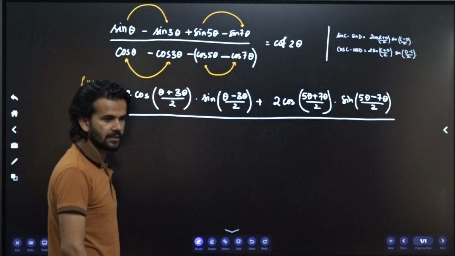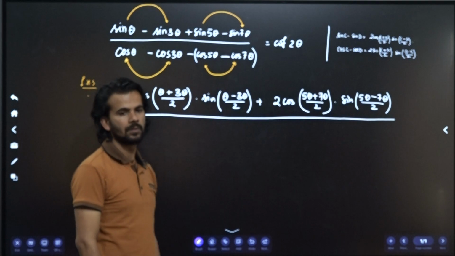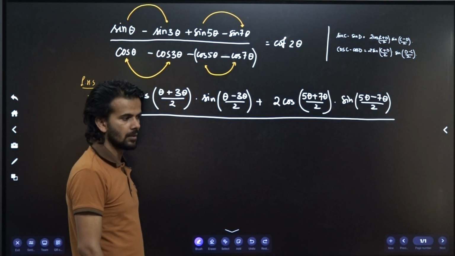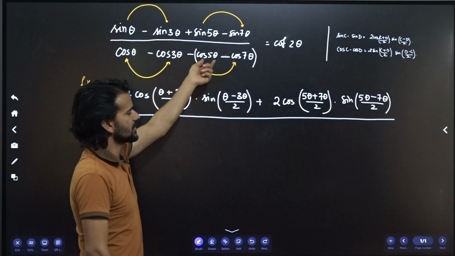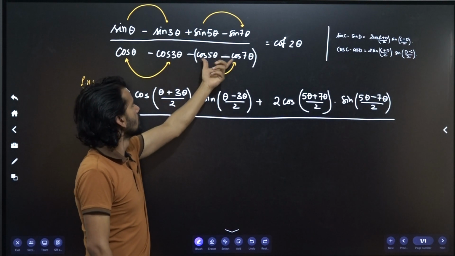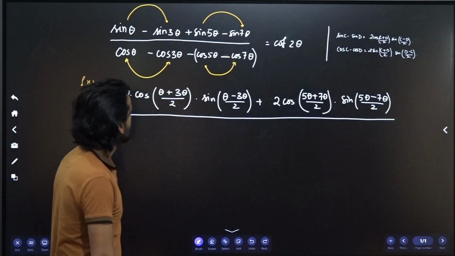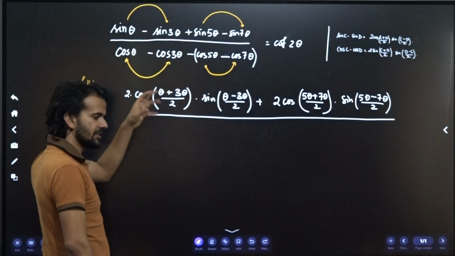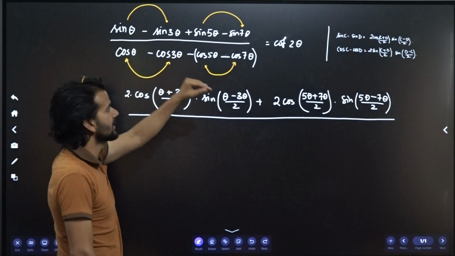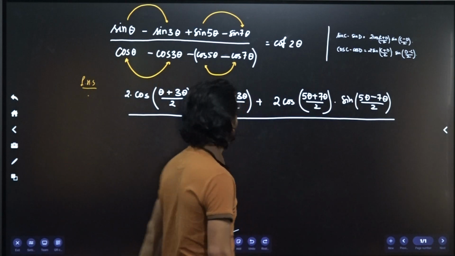Now it's the same thing, right? You can apply the formula only now, because this minus was for this one, and now this minus is for both cos 5 theta and cos 7 theta. So this is a slight change, in order to apply the formula for cos c minus cos d.